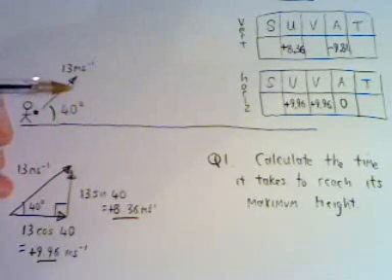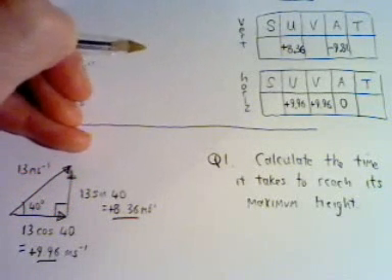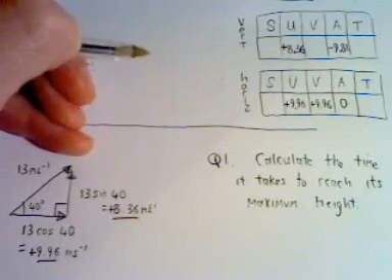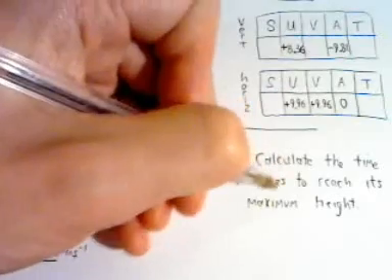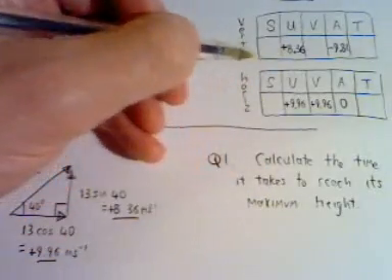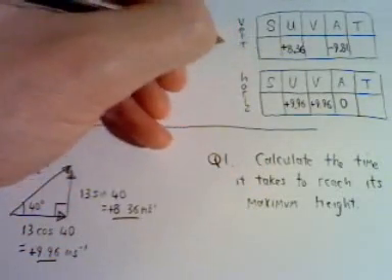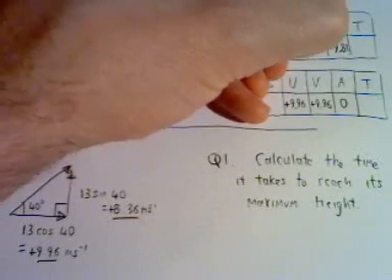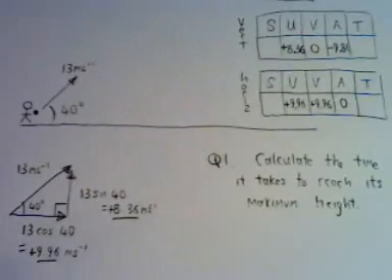So similarly for a projectile, when it reaches its maximum height, just at that instant, it's only moving horizontally, it's got no vertical motion. So in question 1, the time it takes to reach its maximum height, when it's at its maximum height, the vertical velocity will be 0.